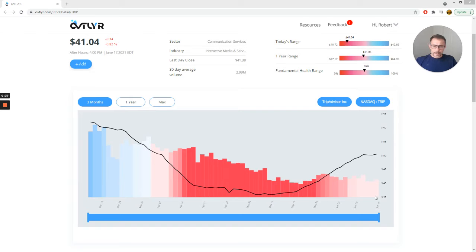So I did that analysis back on May 11th, I believe, and TripAdvisor was around $44-$45 when I took a look at it. Some of the things I liked when I did that analysis was the slope of the oscillator starting to bottom out and looked like it was starting to curl up. I like that.